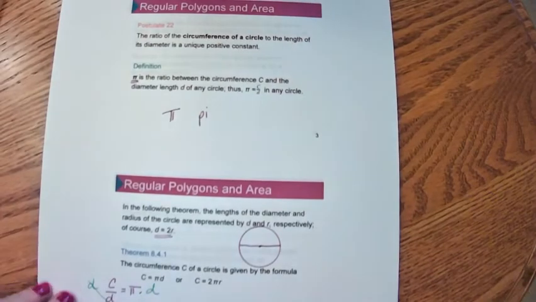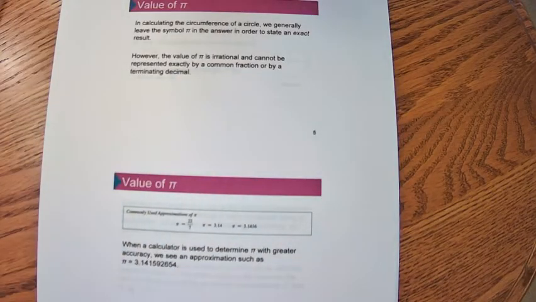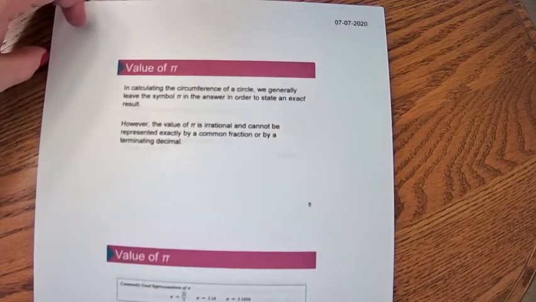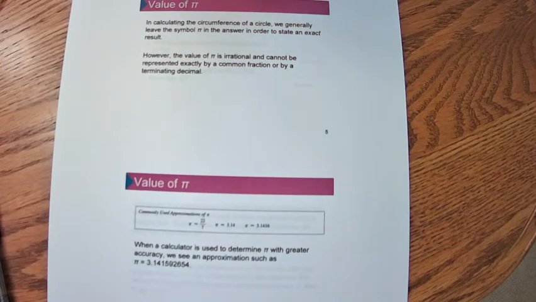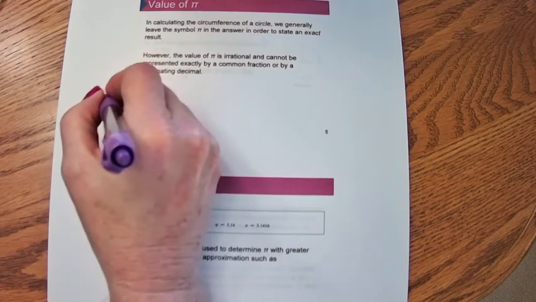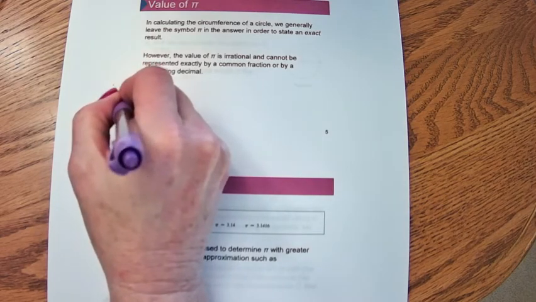All right, so pi is the constant. So it is a number, but what is its value? It's an irrational number. Irrational means it cannot be represented as a fraction with an integer numerator and an integer denominator.